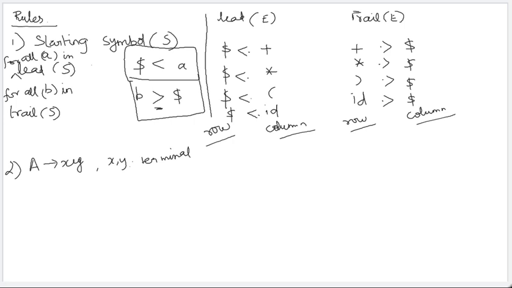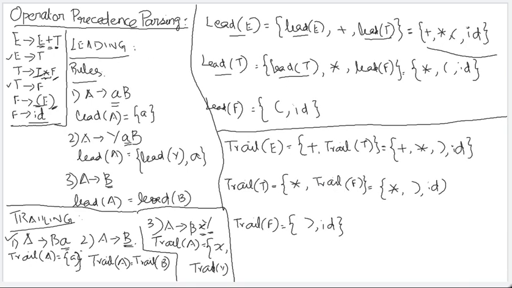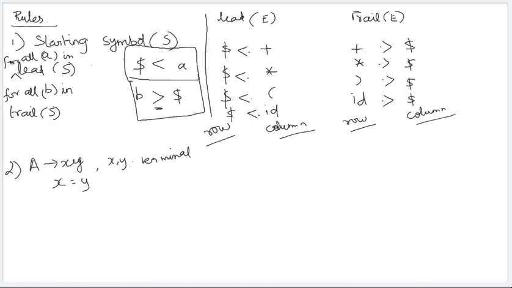Then these two terminal symbols will have equal precedence, X equal to Y. When we look at our production rules, we can clearly see that we don't have any production having two continuous terminal symbols. So this rule will not be applicable for our production. Okay, we'll move on to the third rule.